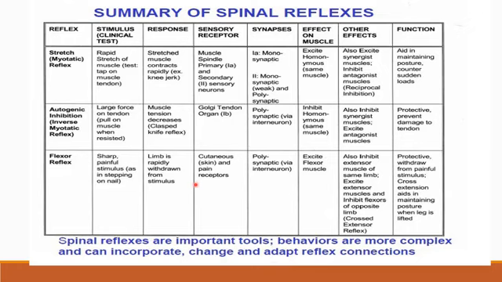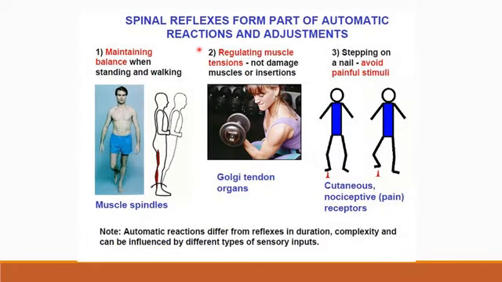Okay, so have a look at this table and write it in your notebook. These spinal reflexes form part of automatic reactions and adjustments. Maintaining balance when standing and walking is done by muscle spindles, and regulating muscle tension, that is, not damaging the muscles or insertions, is done by Golgi tendon organs.